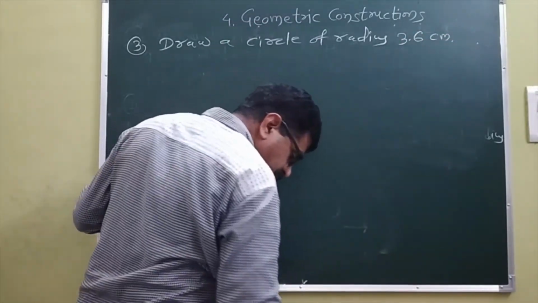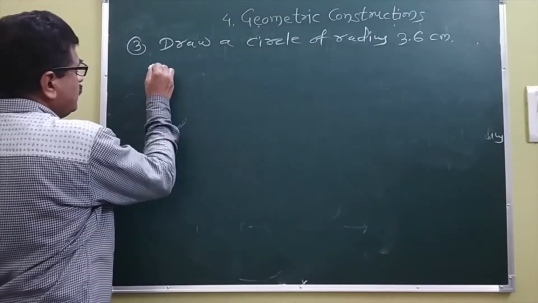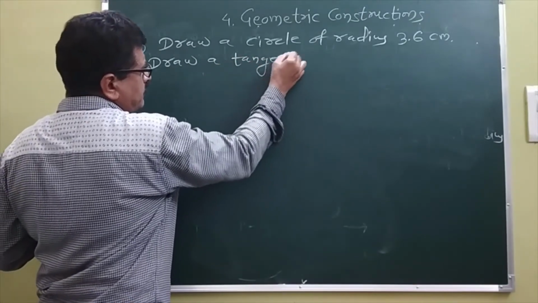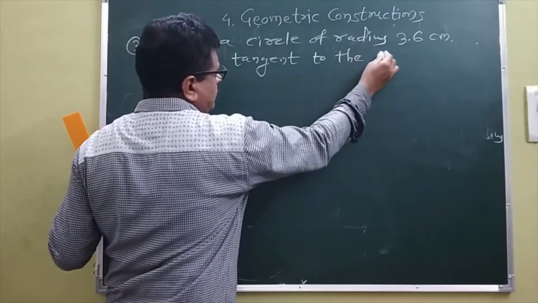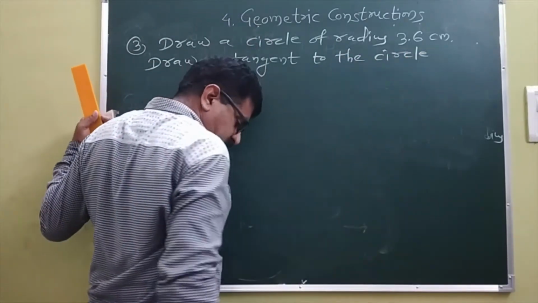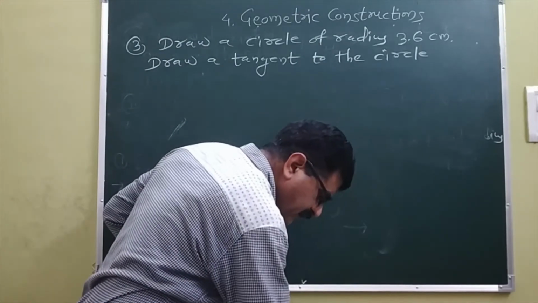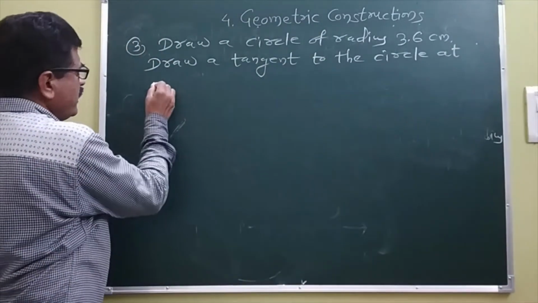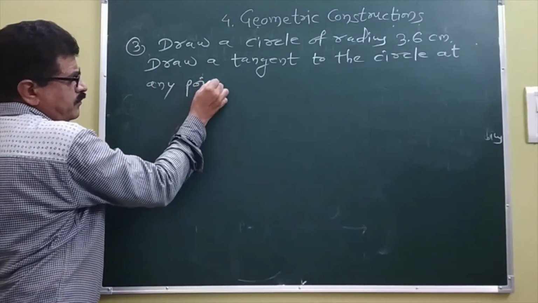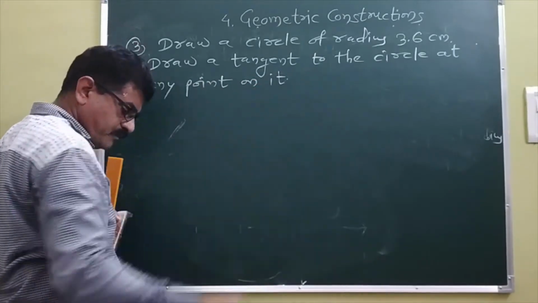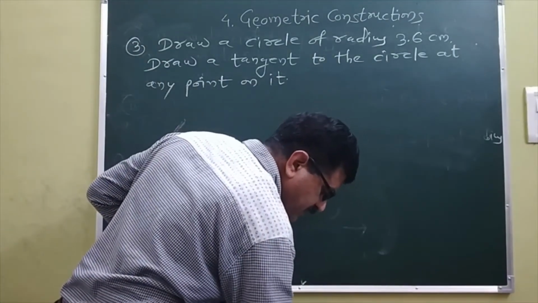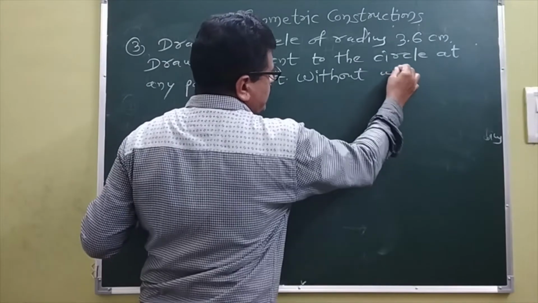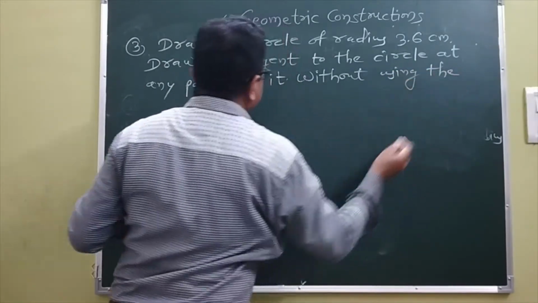Draw a tangent to the circle at any point on it, without using the center.